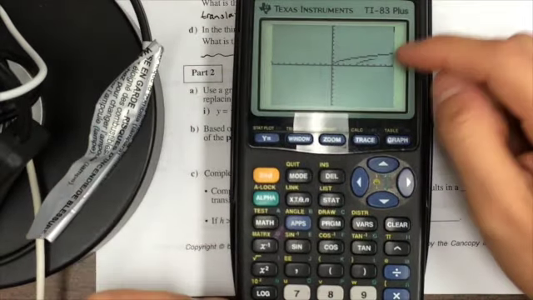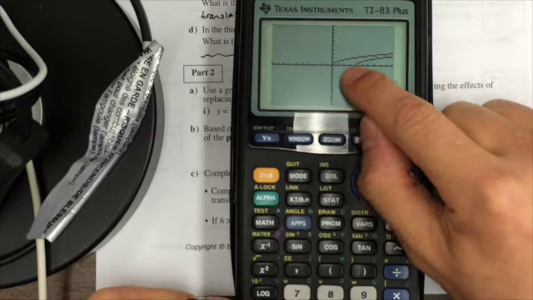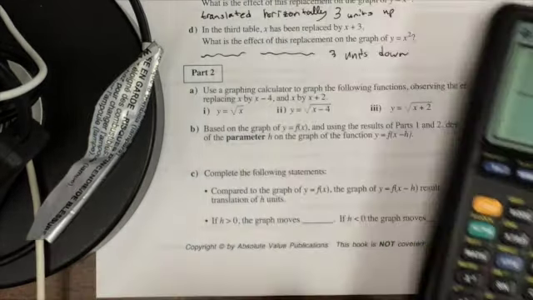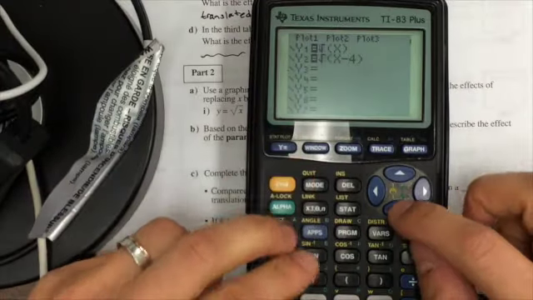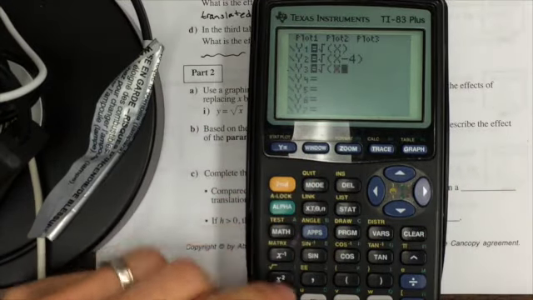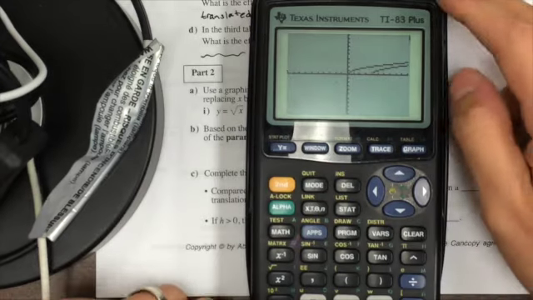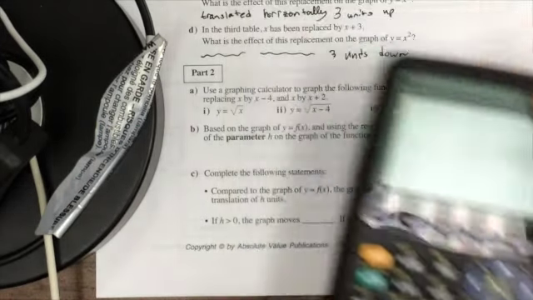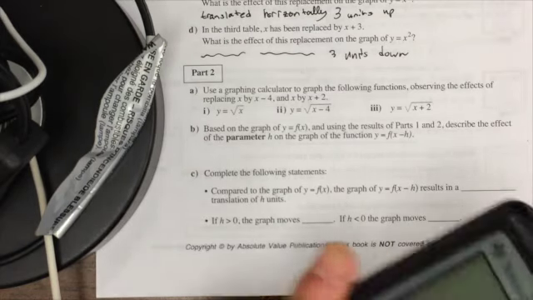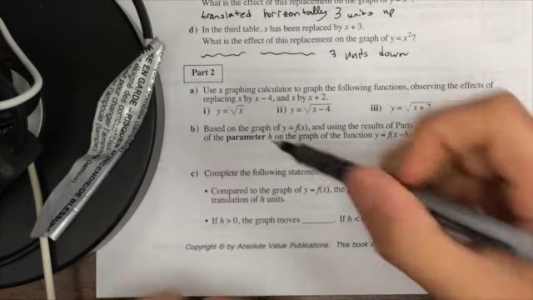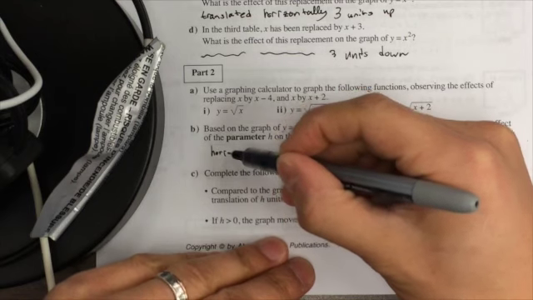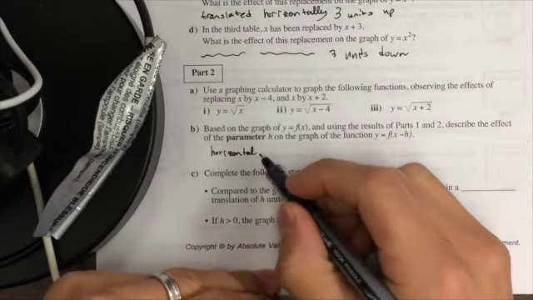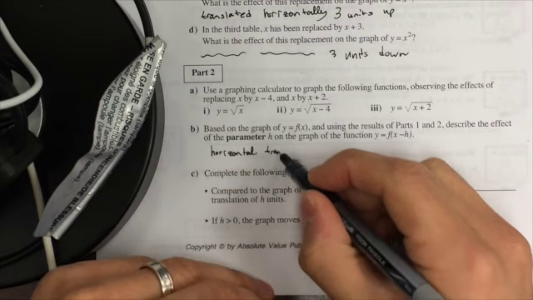Well, x minus 4 is going to start when x is equal to 4 and extend the same way as square root of x. And x plus 2, I think you can probably guess what that's going to look like. It's going to start over here and then extend the same direction. And so again, it's a horizontal translation. That's what the parameter on x does.